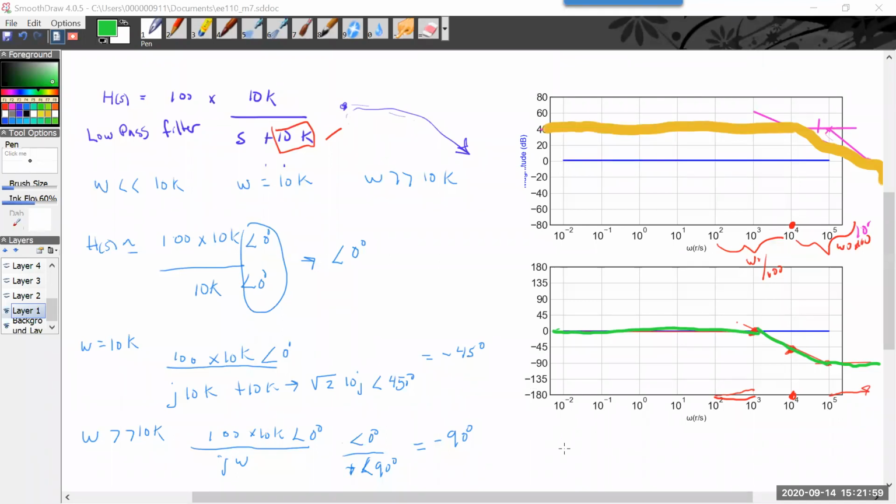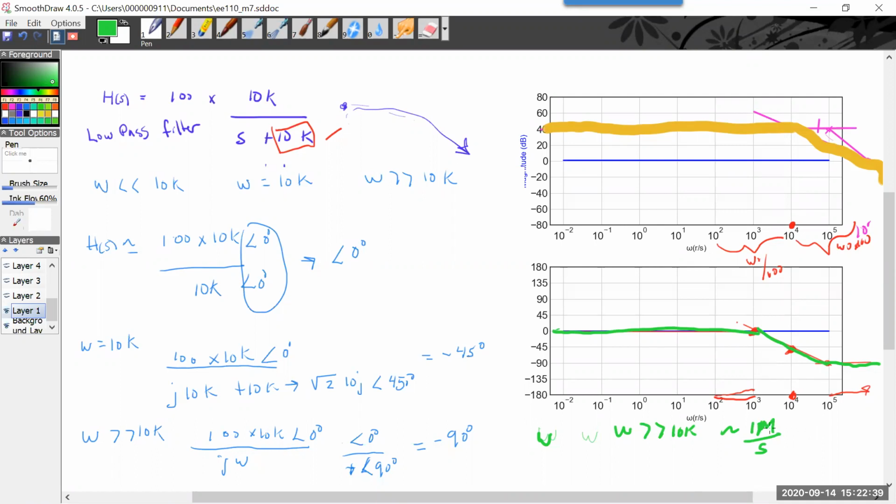So if we look at this regime where omega, and this is for magnitude, when omega is bigger than 10K, the transfer function turns into 1 meg divided by s.